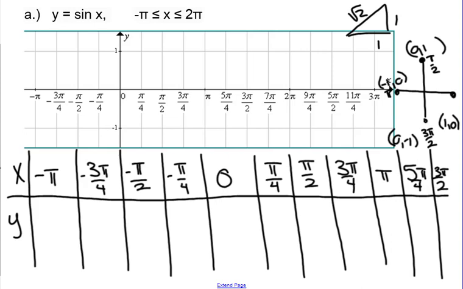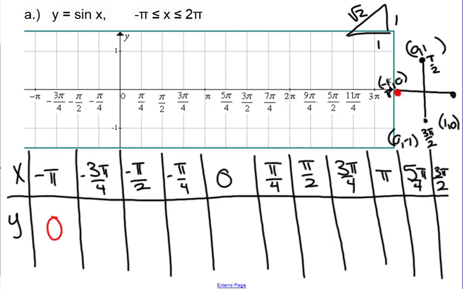So with our sine graph, we're looking for, if we're at pi, what is our sine value? Well, if we're at negative pi, right here, our sine value of negative pi is 0. That is negative 180. The sine of negative 180 is 0.